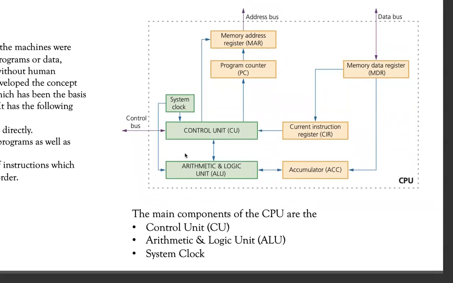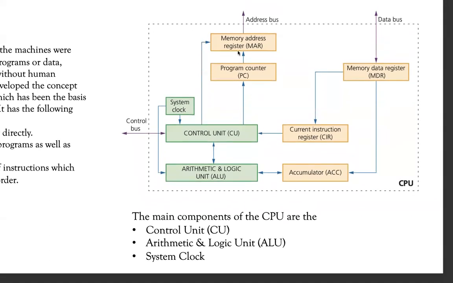So as you can see here, I've got an array of registers highlighted by the yellow boxes. We have the memory address register, program counter, memory data register, current instruction register, and accumulator register. We'll be looking at these registers in a bit. Apart from that, we have other units such as the system clock, control unit, and arithmetic and logic unit. All of these components are connected with the outside world, anything outside of the CPU, with what are known as buses.